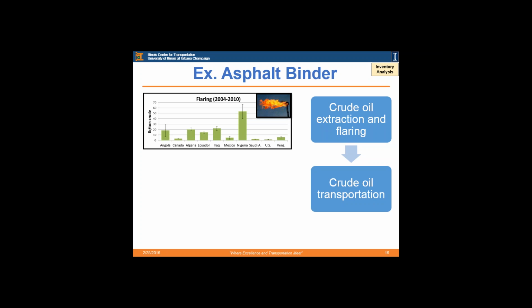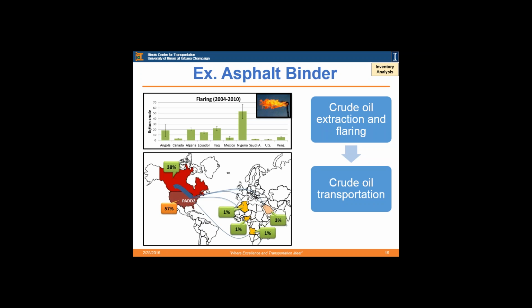For example, in Nigeria, they have a very high flaring rate, mostly because they don't have the infrastructure to capture the gas to put it into the natural gas market. And then we also looked at crude oil transportation, which is also very influential. You can see we're in this PADD 2, the Petroleum Administration for Defense District number 2. That's the Midwest District in the US.